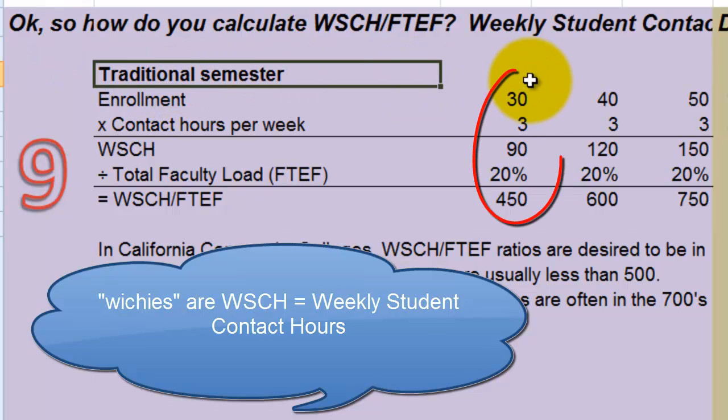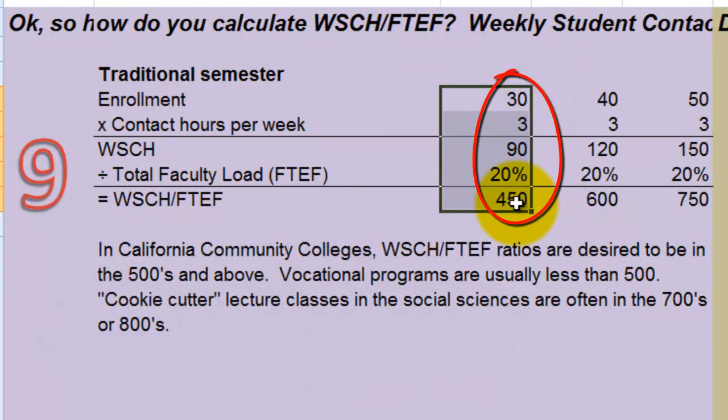In a traditional semester, let's look at these numbers here only, okay? You take your enrollment, which is 30, and you multiply by the 3 hours per week, and that tells you that you have 90 weekly student contact hours. This goes back to that traditional semester, 18 weeks long, but they call it 17 and a half, and in each week there's 90 of those weekly student contact hours.